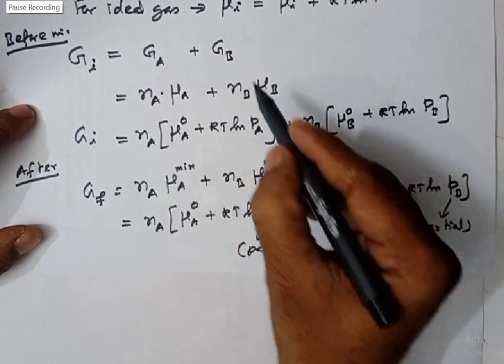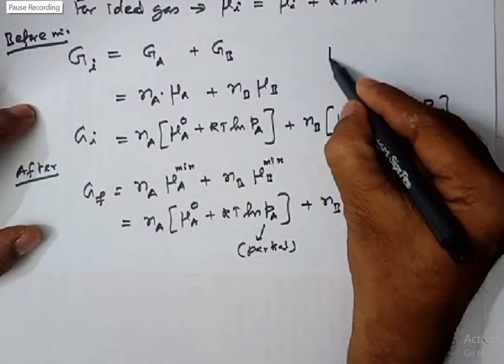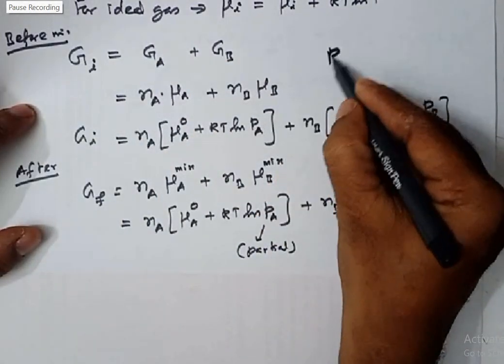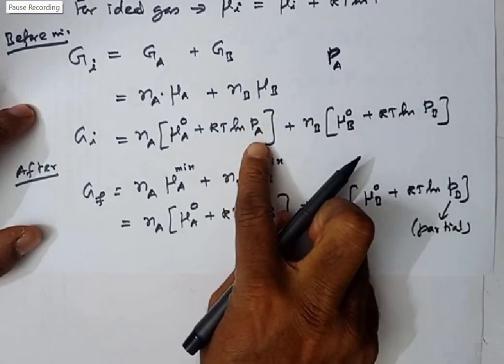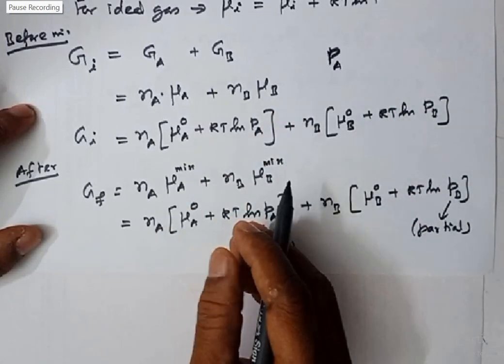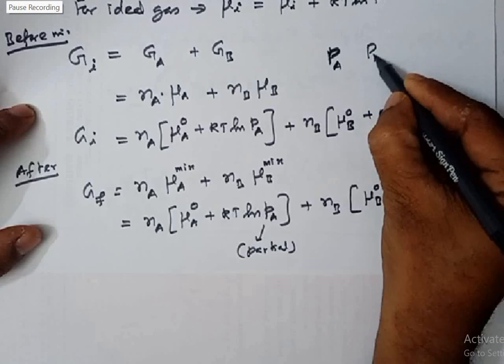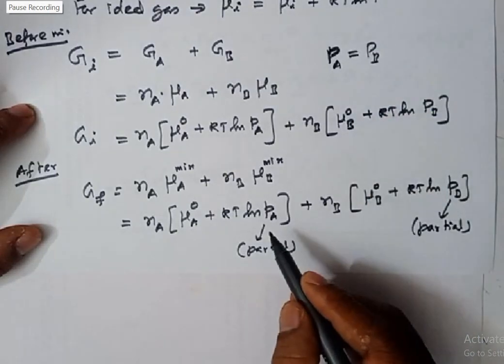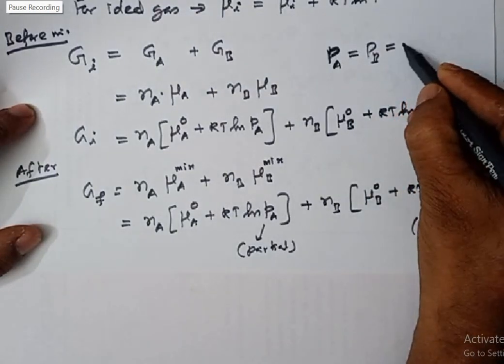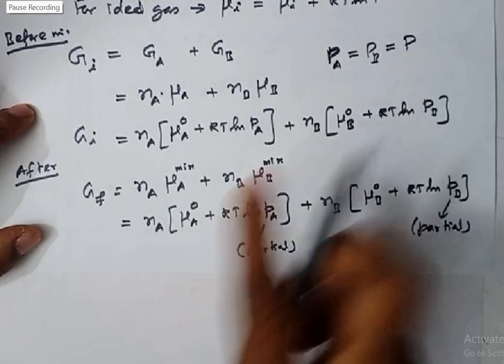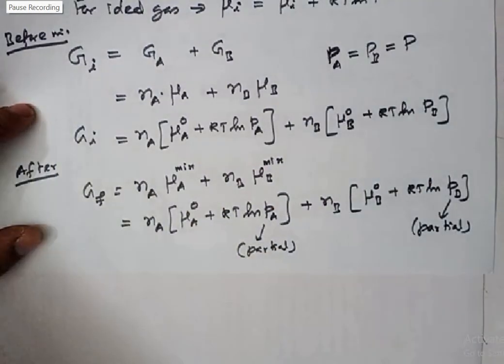You know very well, before mixing, this PA is not partial pressure, this is pressure of pure gas A, this is pressure of pure gas B. I have told you these are all equal, and this total pressure, they are all equal, correct?